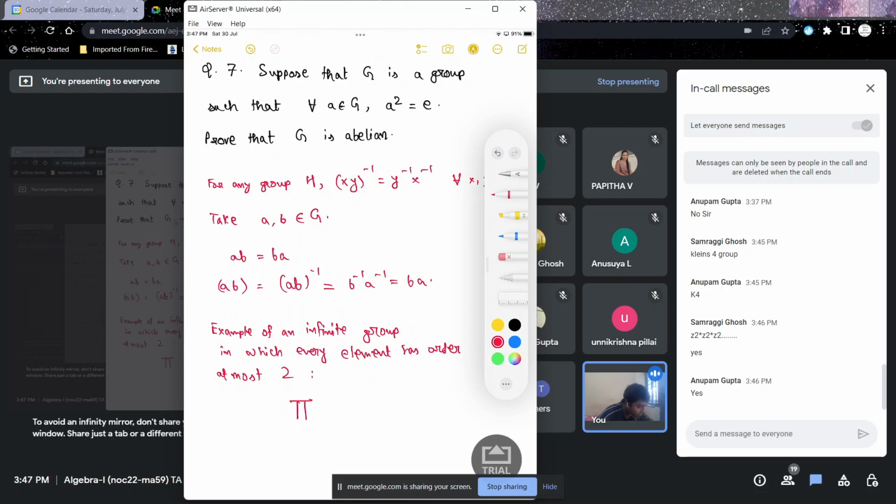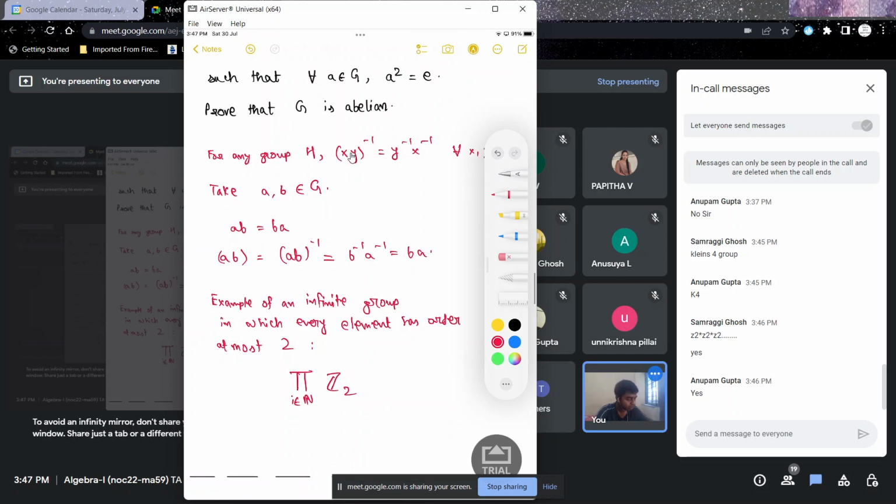So let's say a countably infinite fold product, the product over n of Z2, that is, you are taking a natural number fold product of copies of Z2.